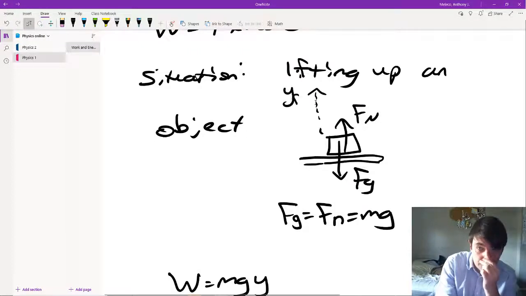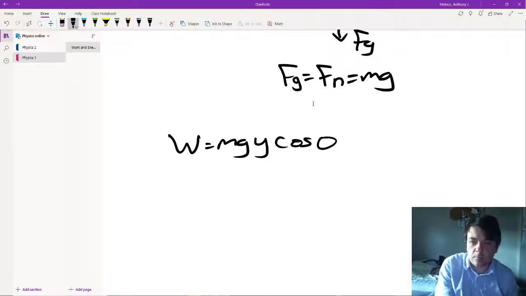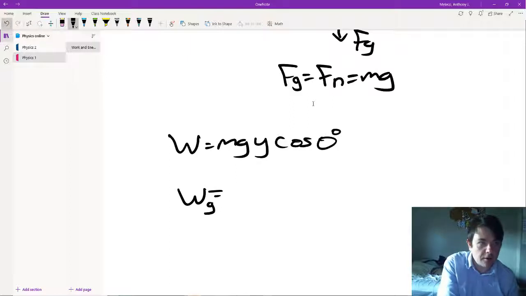And the angle between them, because it's in the same direction, would be cosine of 0 degrees. So the work of gravity in this case, or the normal force, would be just mgy.